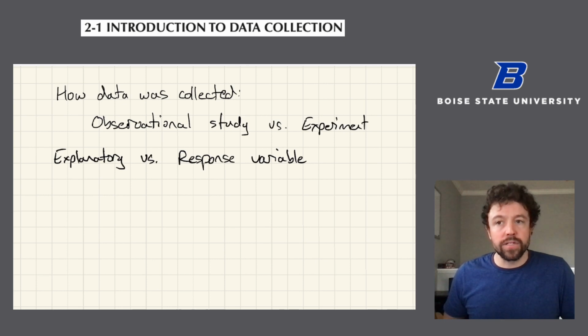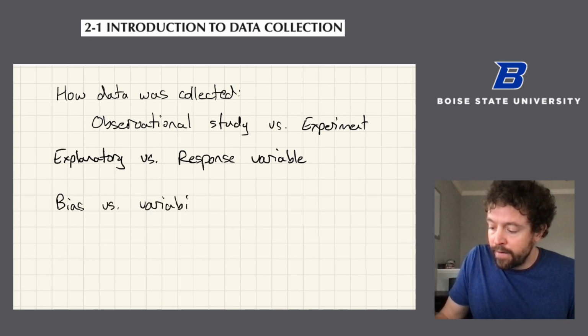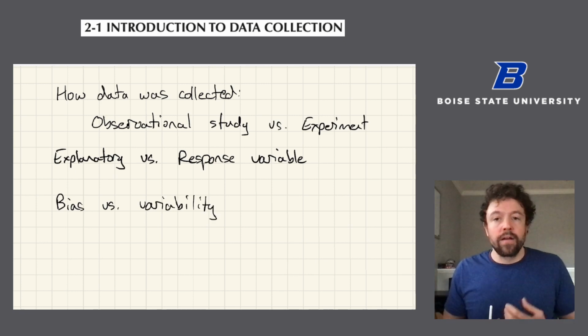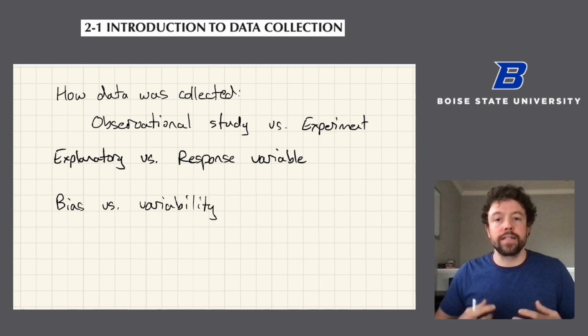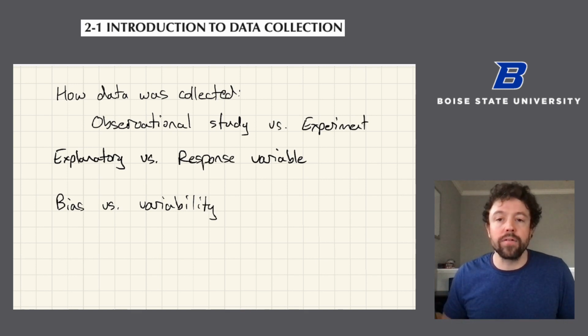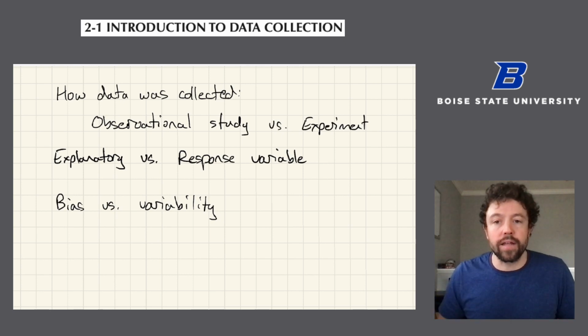And the final notion that we're going to look at is this notion of bias versus variability. Variability simply refers to the fact that when we're trying to study a population by instead studying a smaller sample, sample to sample will get different values. That is, we don't really expect a sample to tell us exactly the correct thing about the population.